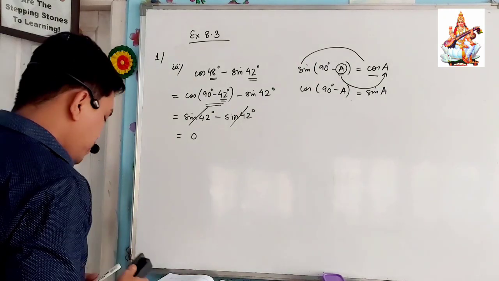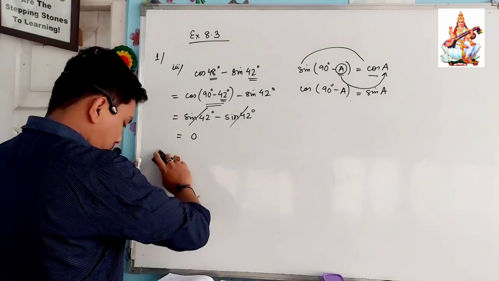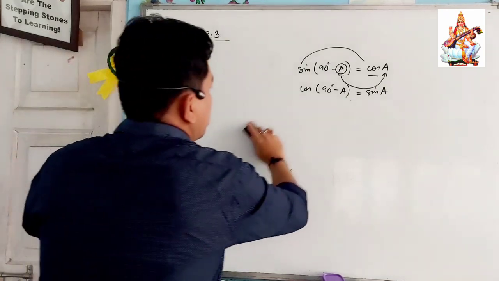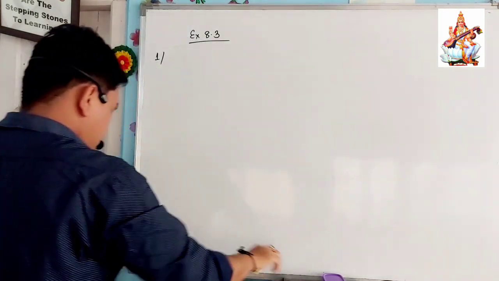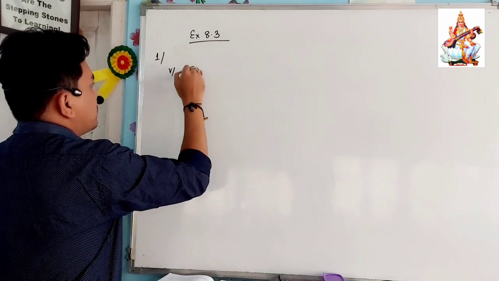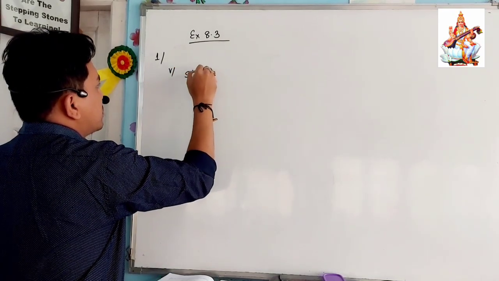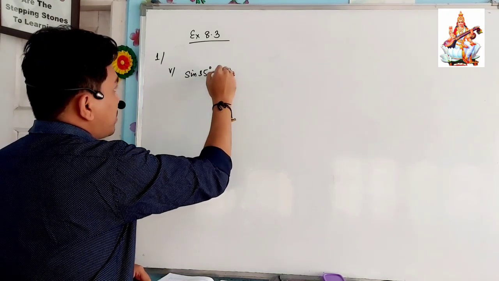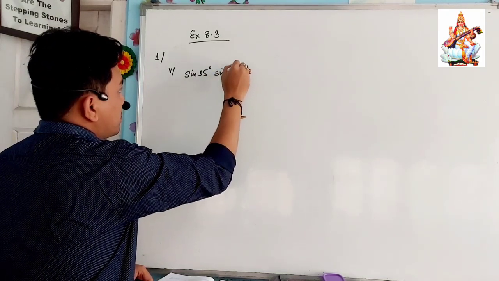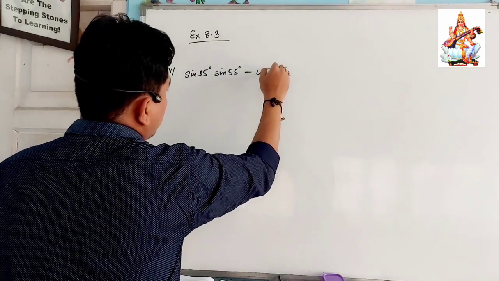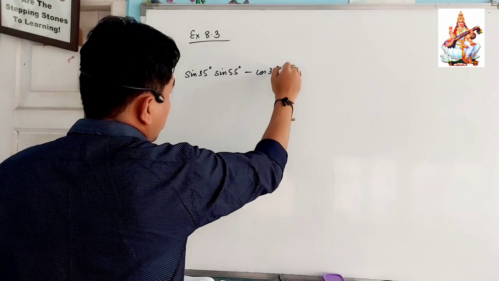Question number 4. Sorry, not 4, number 5. In question number 5, we have sine 35 degree, sine 55 degree minus cos 35 cos 55.